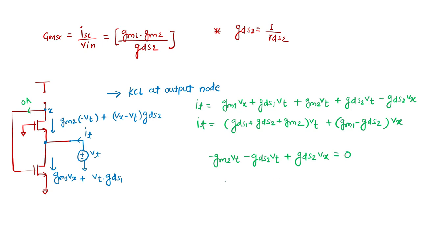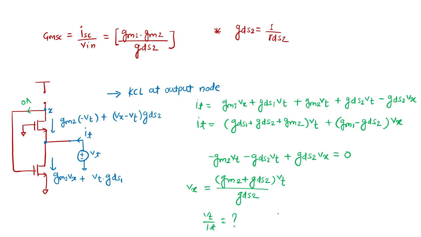So from here, GM2 plus GDS2 times Vt divided by GDS2 is equal to Vx. Put that Vx there in the equation and we can find the relation of Vt by IT, and that is your Rout.